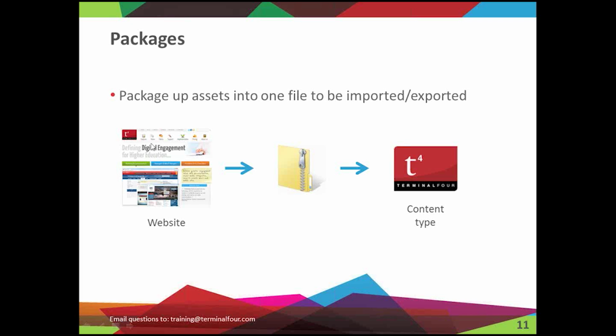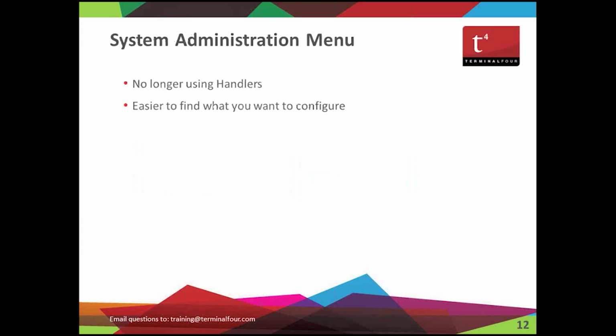You can instruct the packages tool as to how many pages deep of that URL it is to go, and it'll go through all of the pages you've instructed it to go through, package up all of that content into one file, and then you import that into your actual installation via your content type. This is going to make the migrating of external websites far easier for you. So it's a wonderful tool in that regard.